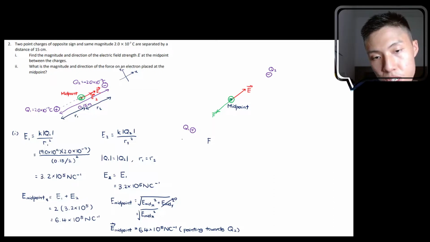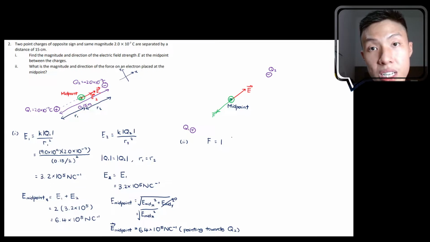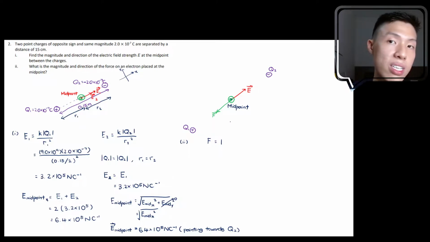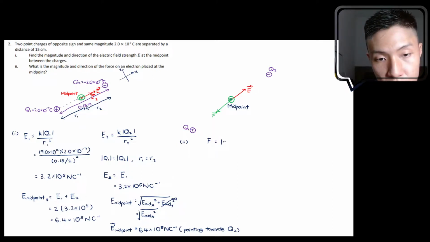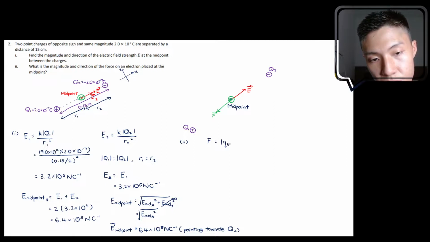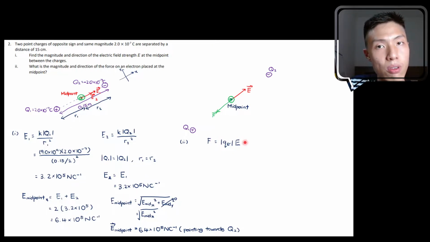So force, this is question 2. Force is equals to, who is experiencing the force? The electron is the one that interacts with the electric field, so the electron is the one experiencing the force. Here is the charge of the electron, multiplied by E. Do notice that I still put modulus, because F is the magnitude of force and E is the magnitude of the field.